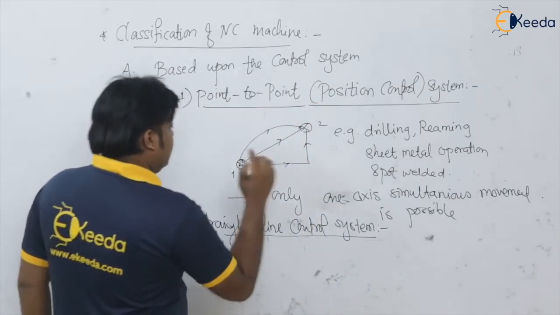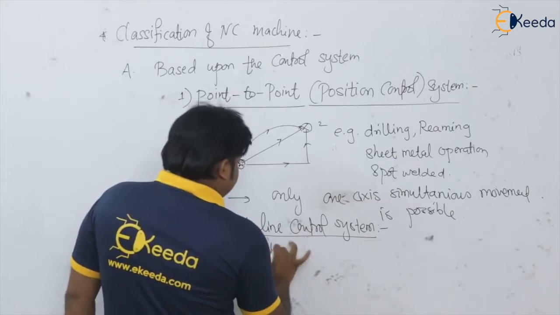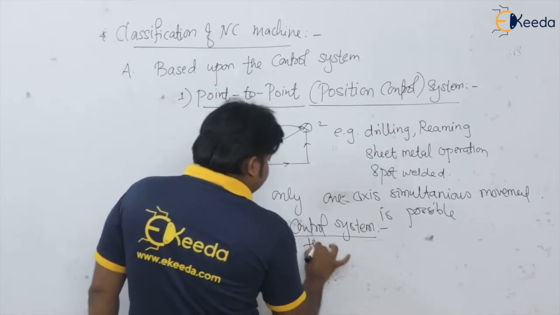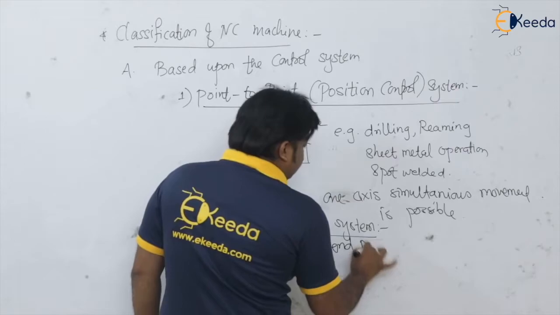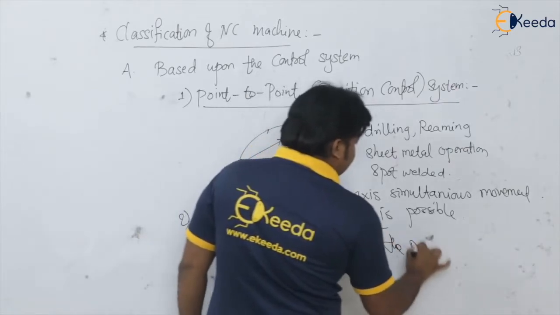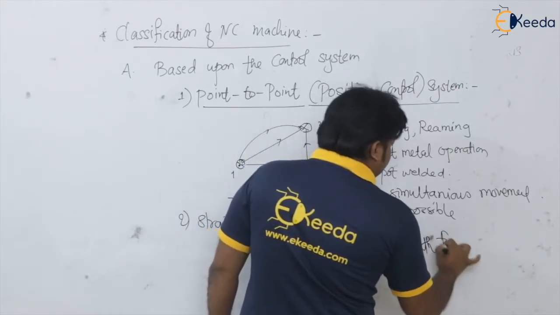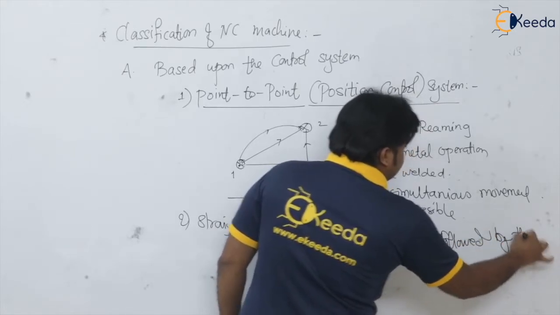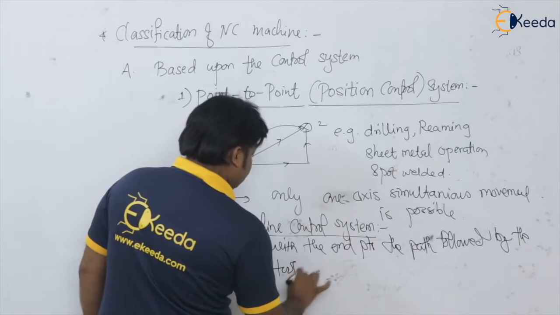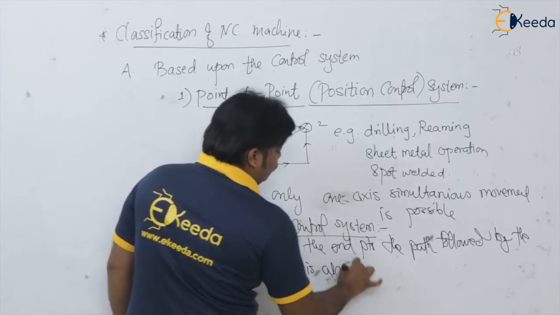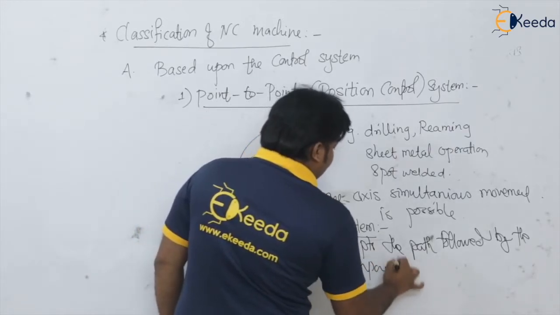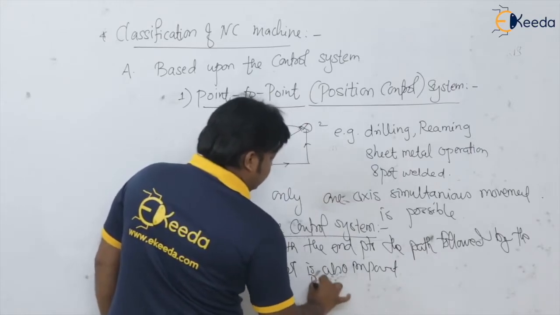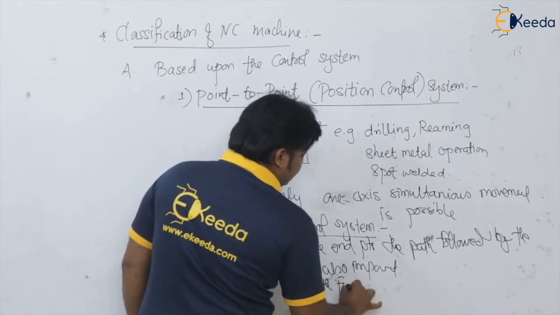Here, with the endpoints, the path followed by the tool is also important. Rather, you can say this is the path function.